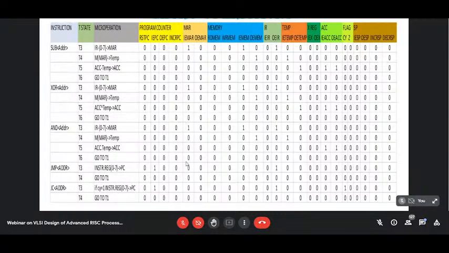Also, going below, if the instruction is XOR and time is T3, then also it is 1. Again, if the instruction is AND and time is T3, it is 1. So we can form a Boolean expression: IE of MAR equals SUB into T3 or XOR into T3 or AND into T3. So this logic we can easily form, and in that way we can form the logical expressions for all the control signals.